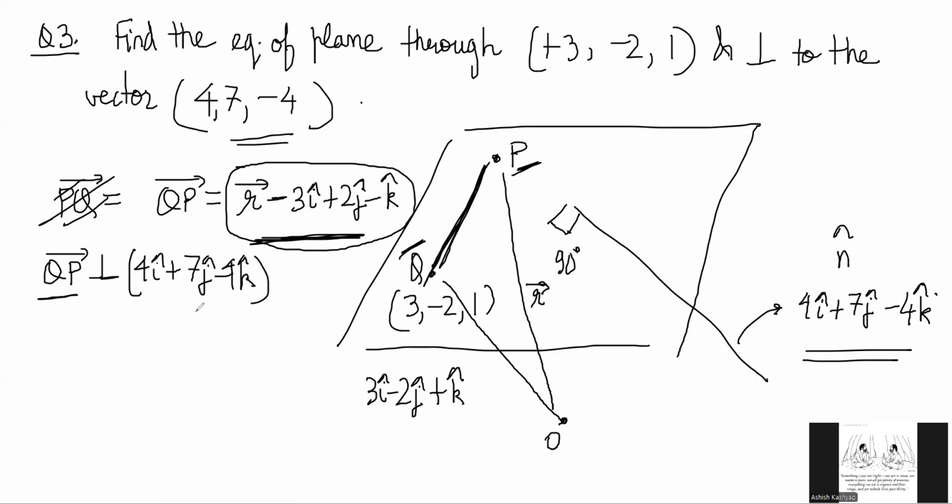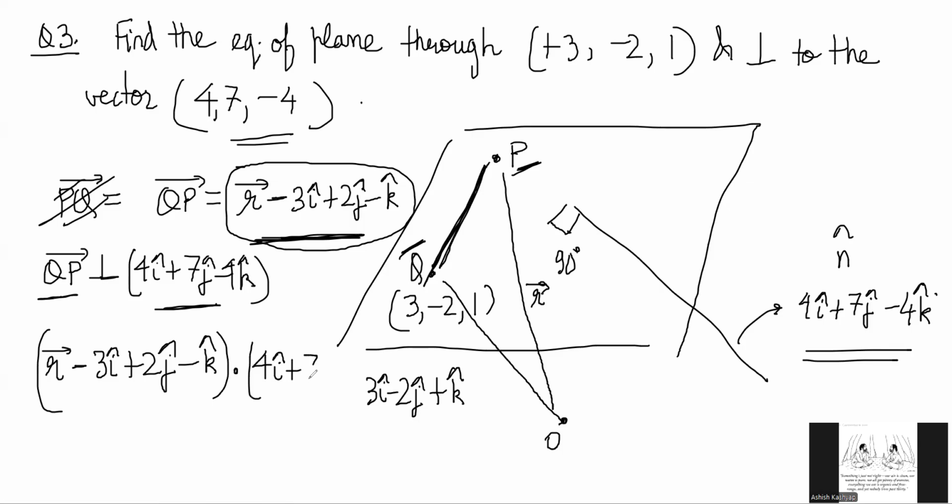So since this QP is perpendicular to this, the dot product will be 0. So what I can do is (r minus (3i minus 2j plus k)) dot product with (4i plus 7j minus 4k) should be equal to 0, right? So how do I simplify it and write it?